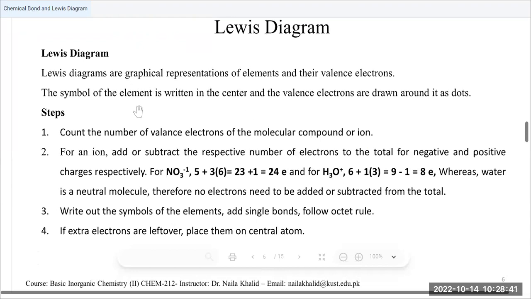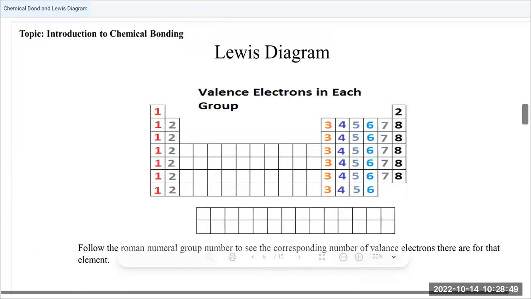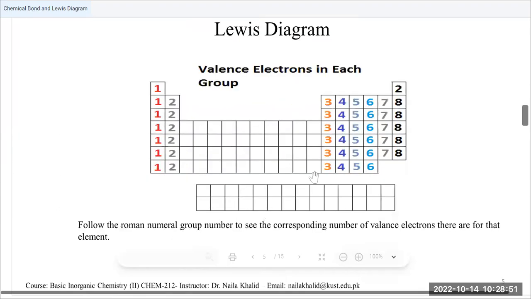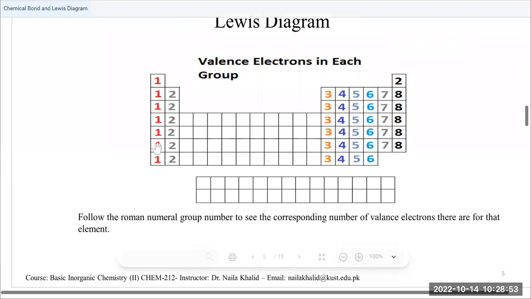The first thing you should know is the number of valence electrons in each atom in the molecule. This can be determined from the periodic table. Alkali metals have one valence electron. Alkaline earth metals have 2 electrons. Onward, the boron family has 3, the carbon family has 4, the nitrogen family has 5, the oxygen family has 6, and then halogens have 7 electrons.